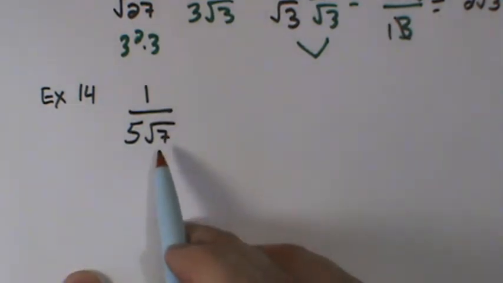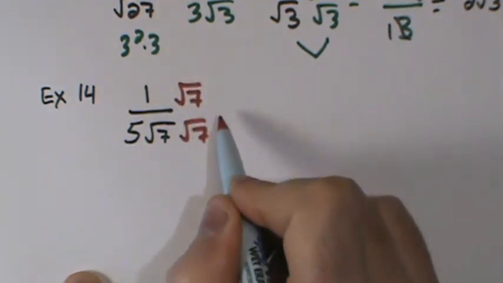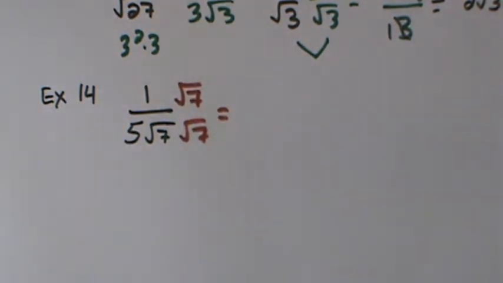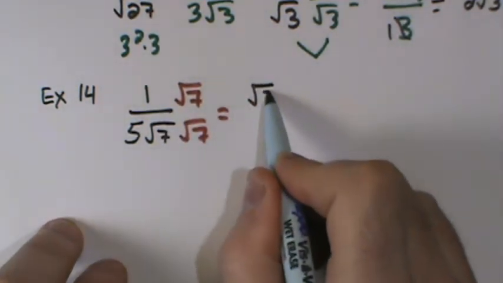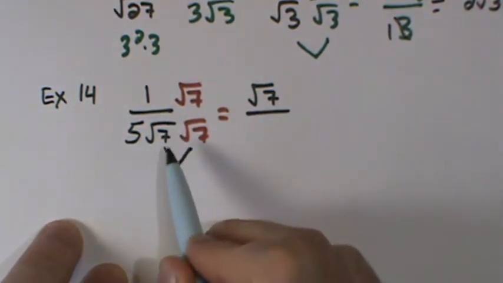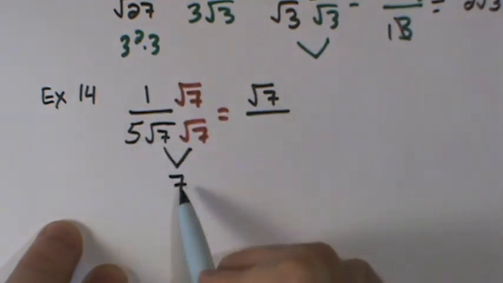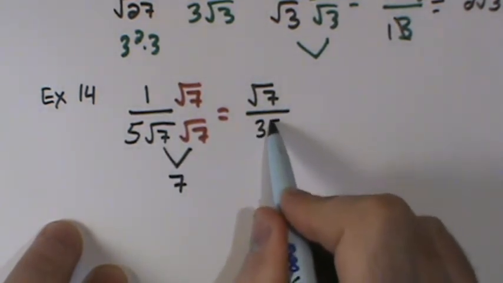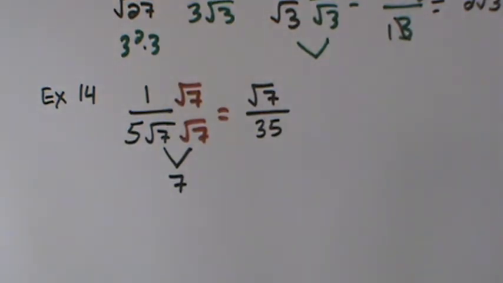That's the only thing that's causing the issue, is that radical. And so when I multiply that by rad 7, 1 times rad 7 upstairs is radical 7. Downstairs it'd be 5 times radical 7 times radical 7 is a regular 7. So 5 times 7 is 35. So it becomes radical 7 over 35.